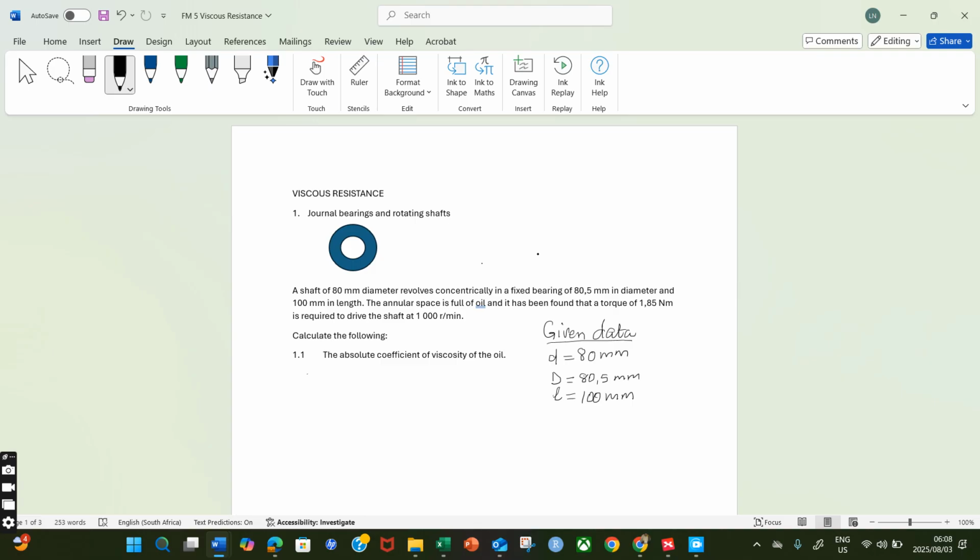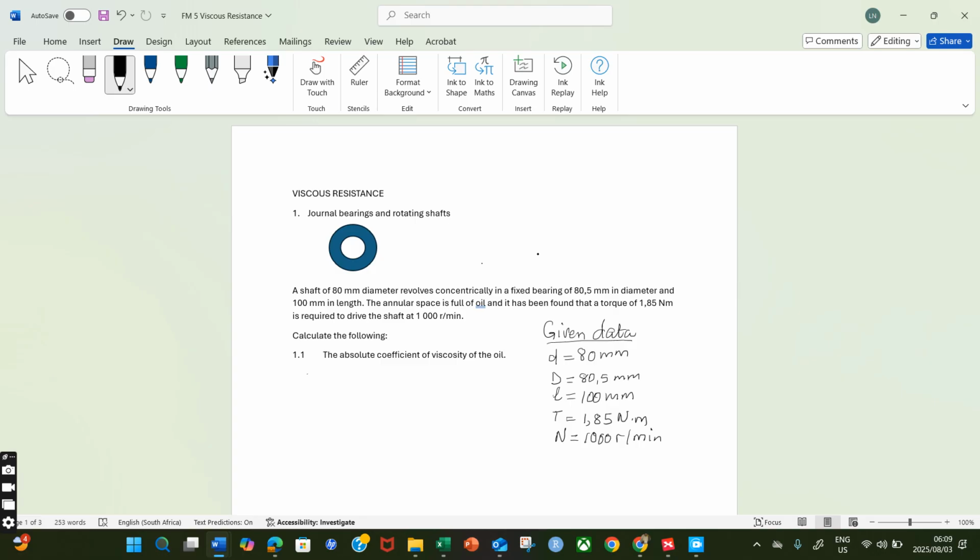Then the torque that is required to drive this shaft is 1.85 Newton meter. And lastly, the shaft will rotate at a rotational speed of 1000 revs per minute.